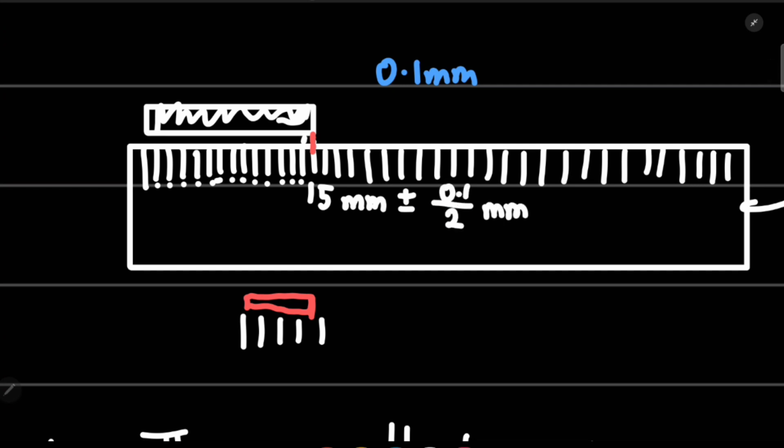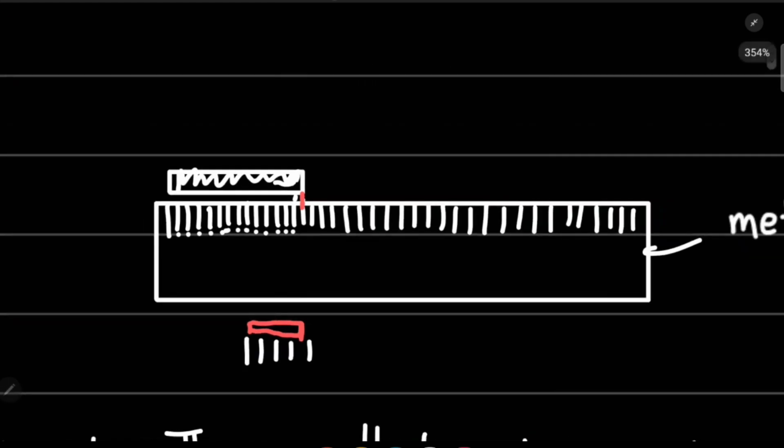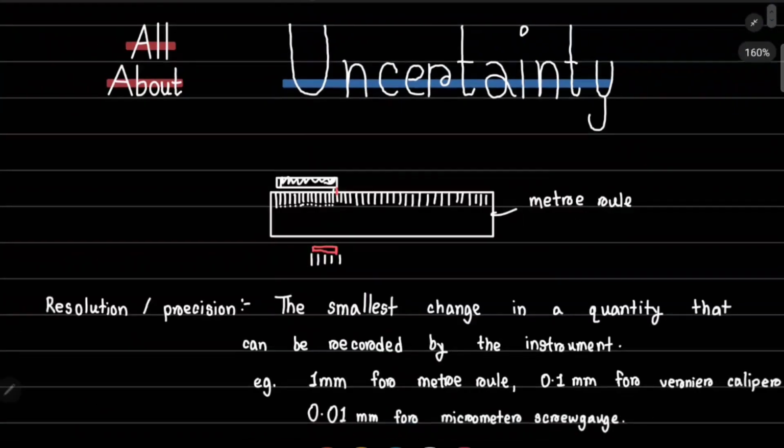This is the uncertainty over here. So the measurement uncertainty is usually half the resolution or precision. I say usually because we'll learn about some exceptions over here. So there are two types of reading instruments we'll have to deal with. One of them are double reading instruments, and the other are single reading instruments.